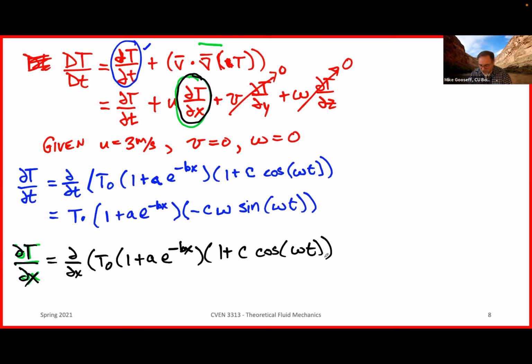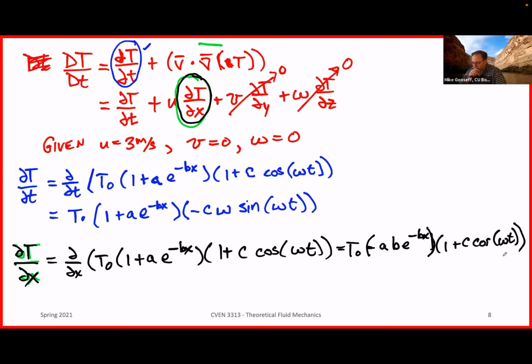Right, and so when we take this derivative, we get T naught times negative a times b times e to the minus bx, multiplied by 1 plus c times the cosine of omega t.